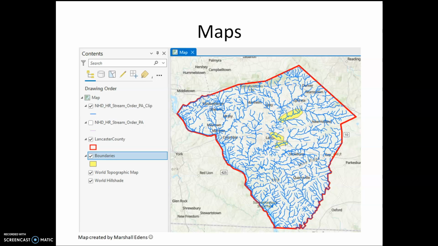I was originally going to use the yellow boundaries there as a clipping extent for the hydrology data, but then I thought better of it and would rather preserve the context of the 3 streams that I've chosen within the greater part of the county, their relationships to one another and to our major river on the west bank of Lancaster County, which is the Susquehanna.